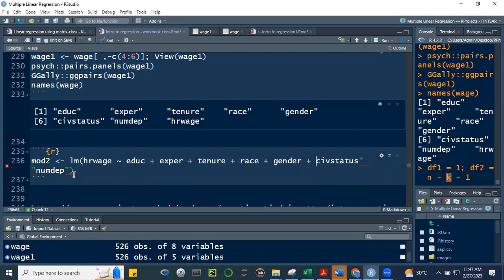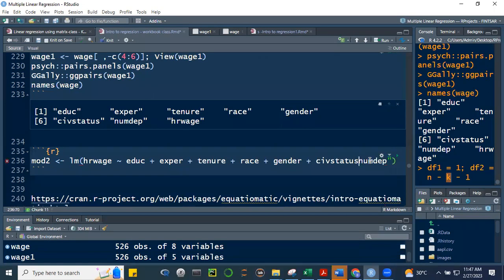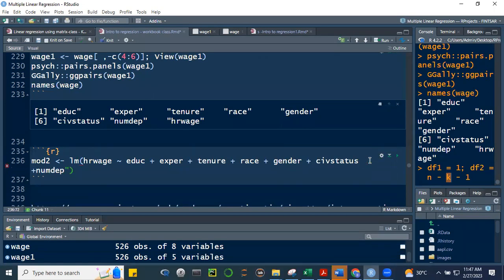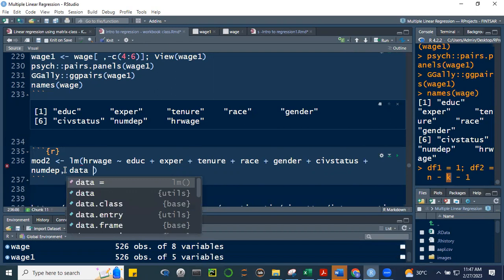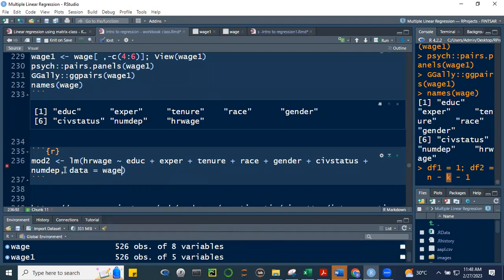Plus. Then we have to identify data is equal to wage.